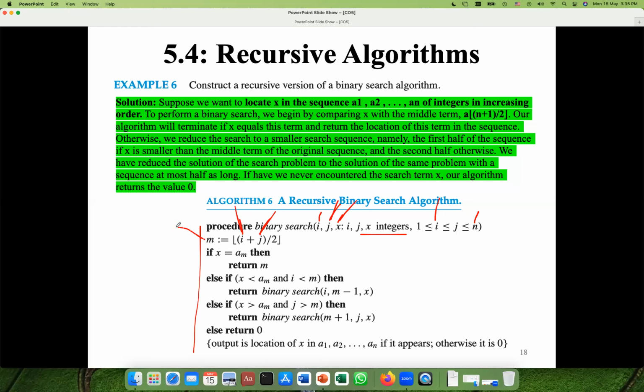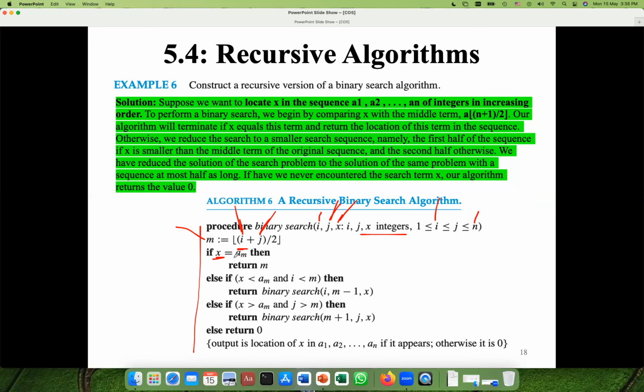Now M is the middle point in the array. If your array has 5 elements, then after dividing, you have M equals 3. M is the third element of your array, the middle point. Now you compare your element X, which you want to search, with this middle element A of M. If I want to search 25, then check whether 25 is equal to that middle element.